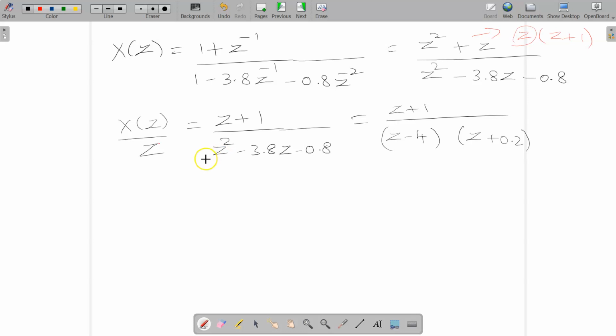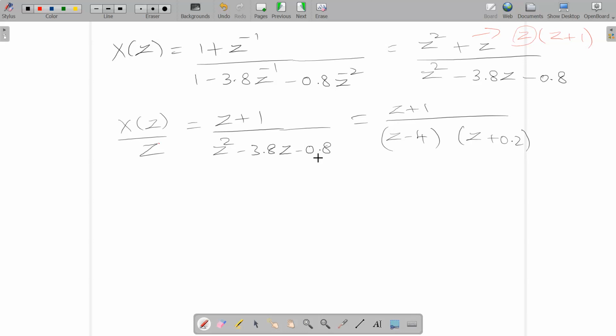Here a value is 1, b value is minus 3.8, c value is minus 0.8. Use your calculator to find your factors. You will get z equal to 4 and z equal to minus 0.2, so when rewriting as an equation, you should write (z minus 4) and (z plus 0.2).